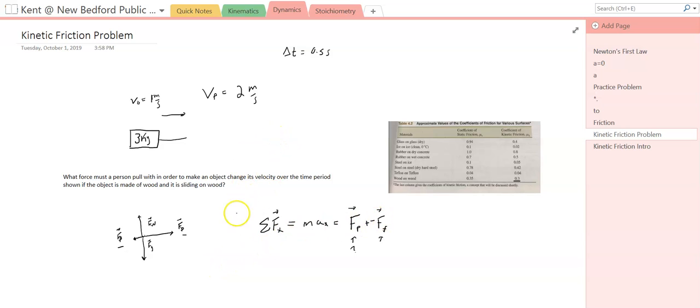We know that the friction force is going to be equal to the coefficient of kinetic friction times the normal force. And we can figure out the normal force. It should just be opposite to the force of gravity, right? So the sum of the forces in the y direction is equal to 0, since it's not accelerating in the y direction.